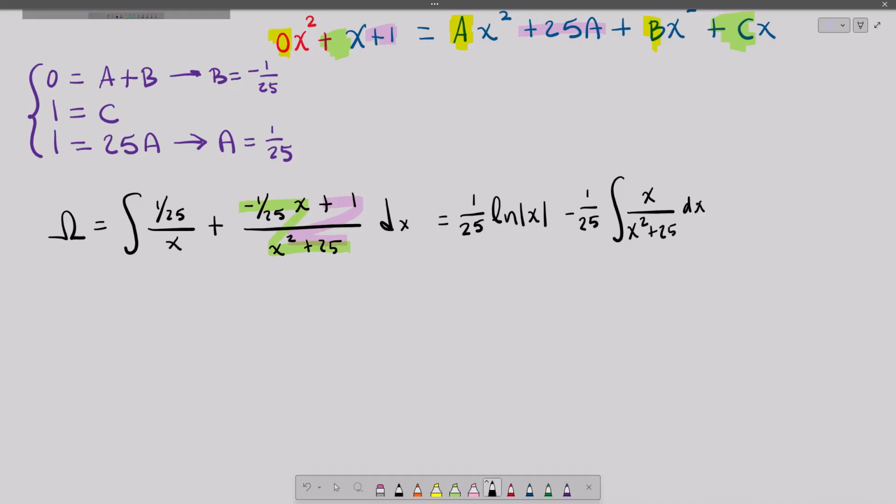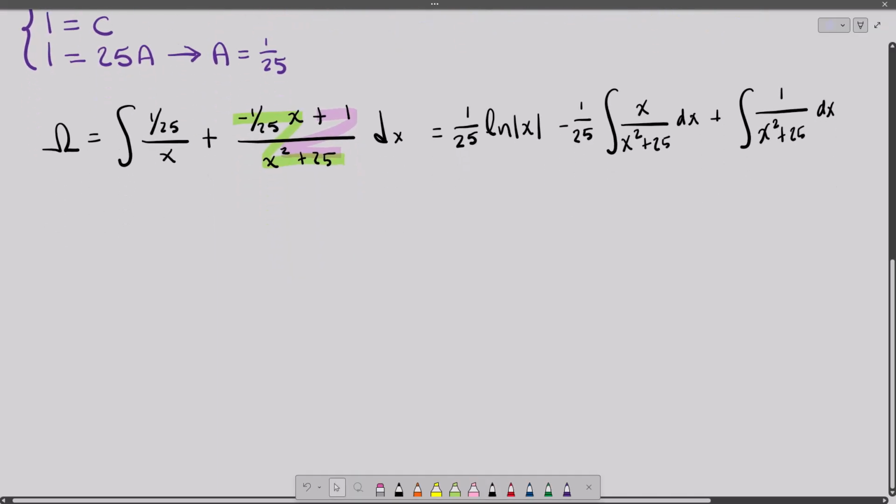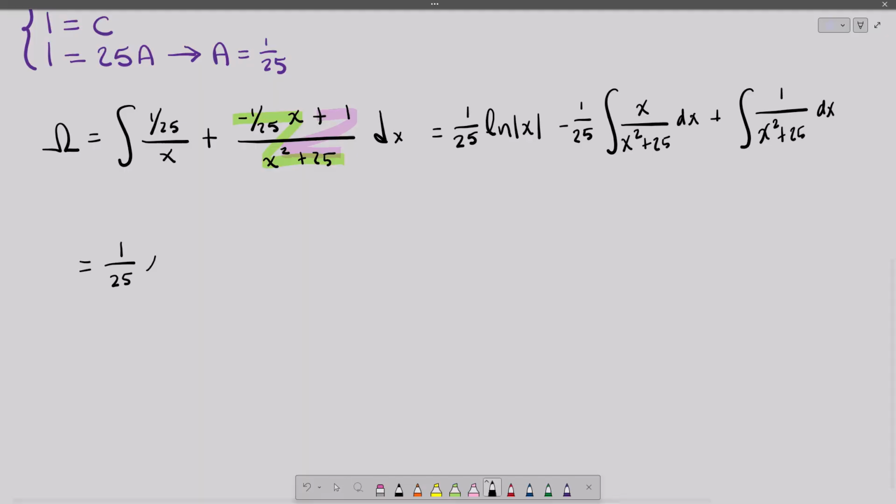And the last piece, we'll distribute the integral over here. We'll have plus integral 1 over x squared plus 25. So that gives us, we've got that first term already completed.